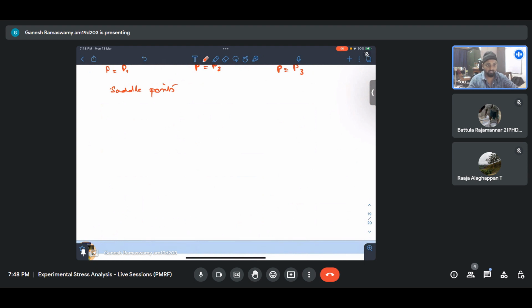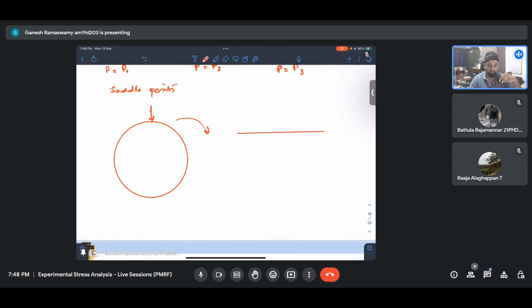Okay, coming to your question of whether the fringe order will be maximum at the load application point. See, if I take a disk and I load it like that, at this zone, I will not be able to discern how my fringe gradient is. If I were to zoom in at that point, because our point load is essentially an abstraction, there is nothing called a point load anywhere.